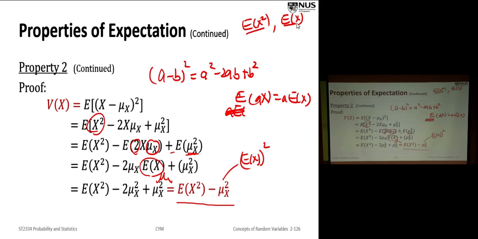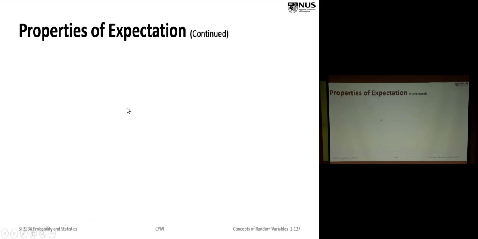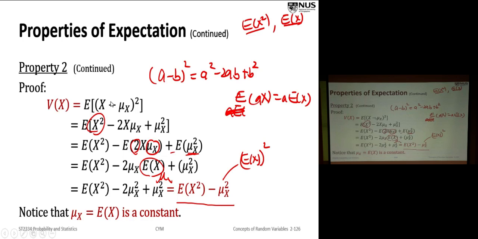It's this one minus the square of the expectation of x. Here comes the thing. In general, this is not true. So I just have to emphasize that. The expectation of x squared, in general, does not equal the square of the expectation.